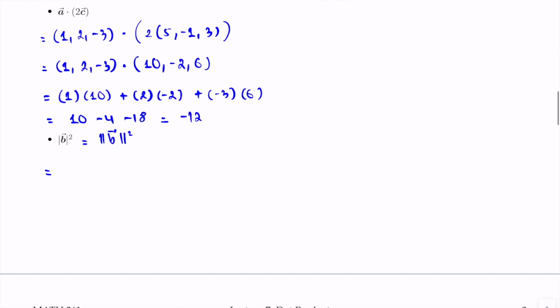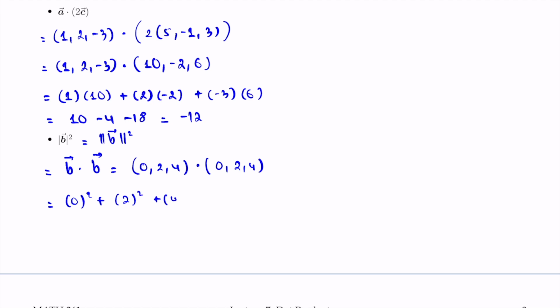So in this case, the magnitude of b squared gives you the dot product of b with itself, or 0, 2, 4 dot with itself 0, 2, 4. And you get 0 squared plus 2 squared plus 4 squared, and the result is 20.